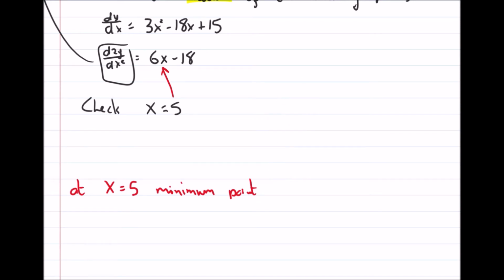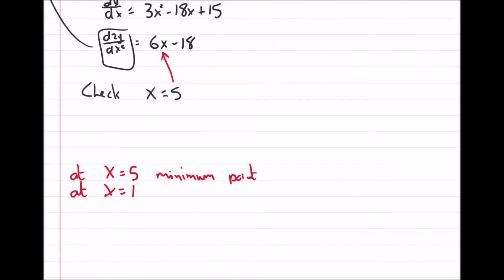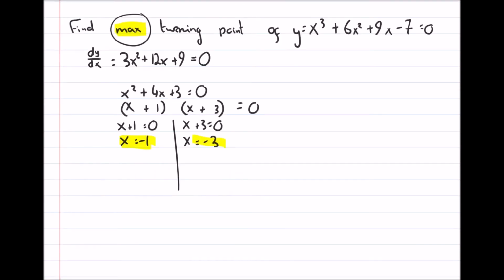It goes without saying then that at x equals 1 we have a maximum height. Okay. So going back to this question, we have 2 turning points.